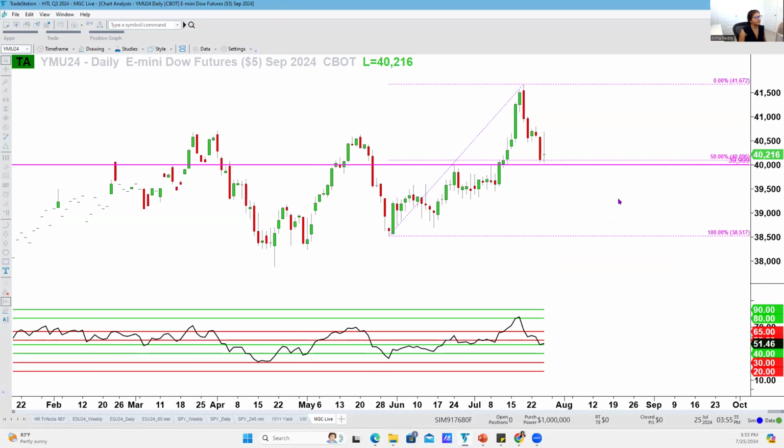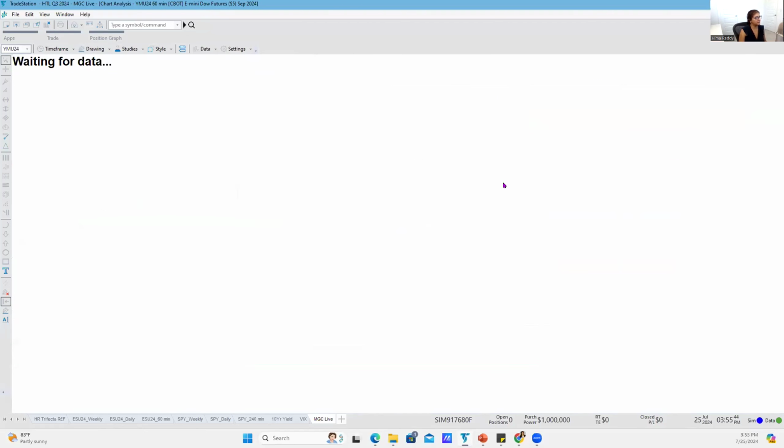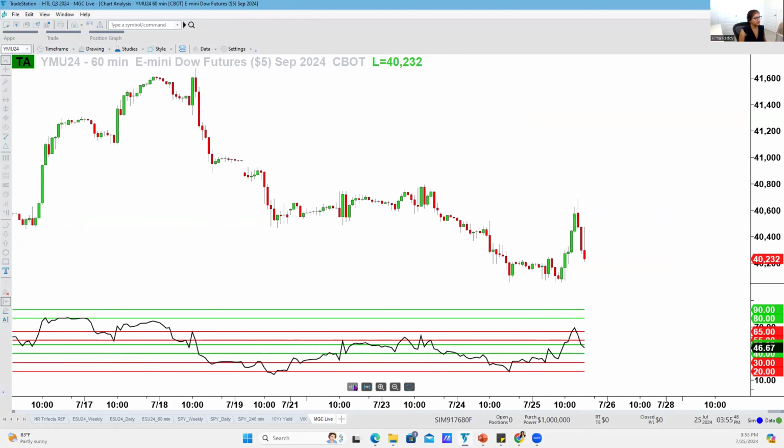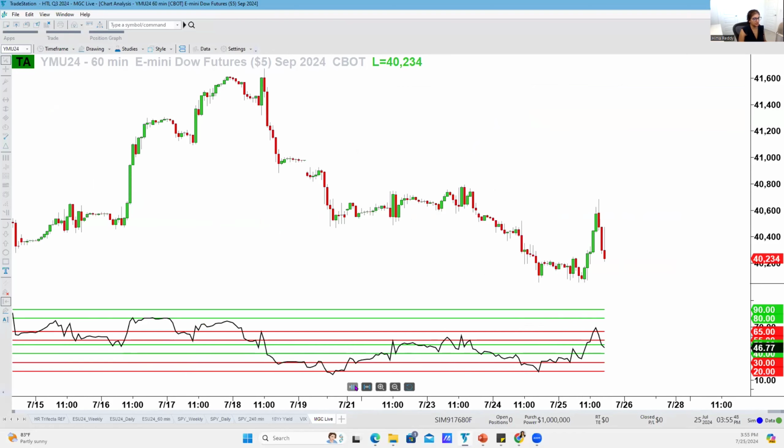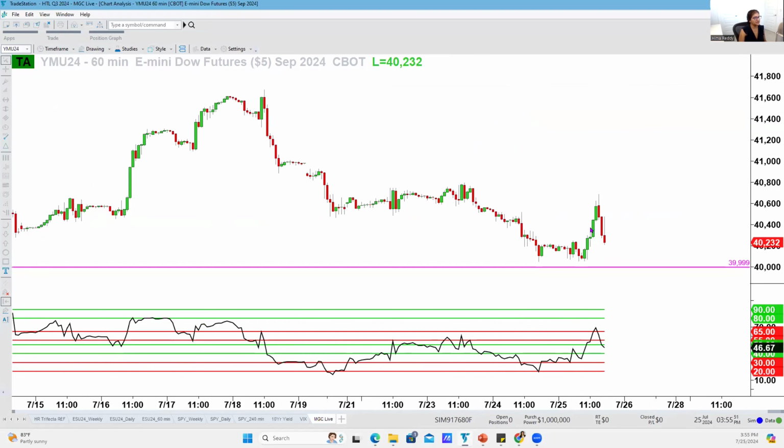So I think the Dow is in a position where it wants to stabilize soon. And from here, we can see if there's room for it to push lower in an intraday chart. Yeah, it looks like it has another drive or push lower that it wants to make.